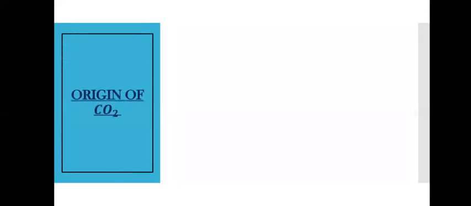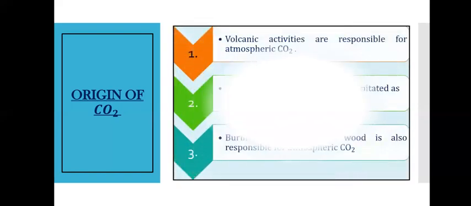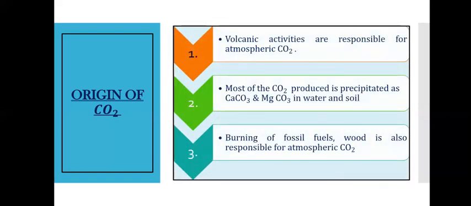We talk about the origin of carbon dioxide. Now, from where does carbon dioxide originate? When we talk about origin, there are two possibilities. One is natural, the other is man-made. So when we go into the natural one, it's the volcanic activities which are going to be responsible for emitting carbon dioxide gas in the atmosphere. Next, most of the carbon dioxide produced is precipitated as calcium carbonate and magnesium carbonate in water and soil.